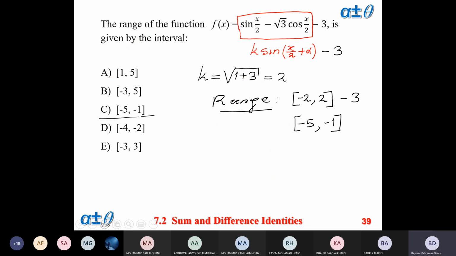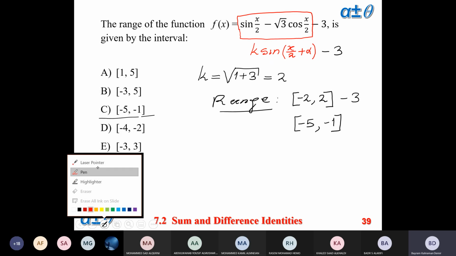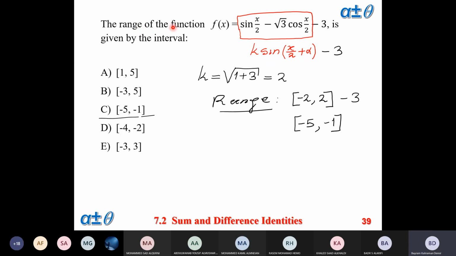Here they are asking about the range of the function. Well, for this one, sine minus root 3 cosine, I'm going to use a reduction formula to write it as k sine of x over 2 plus alpha. So I don't need to worry about what is alpha.